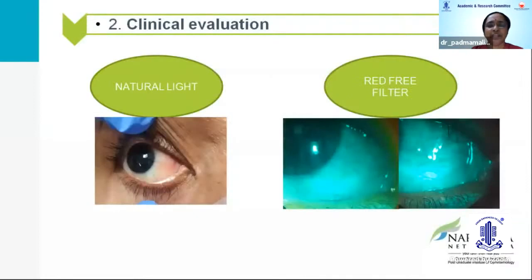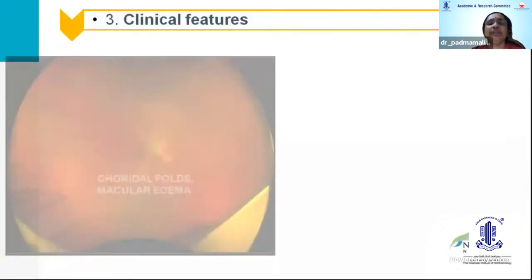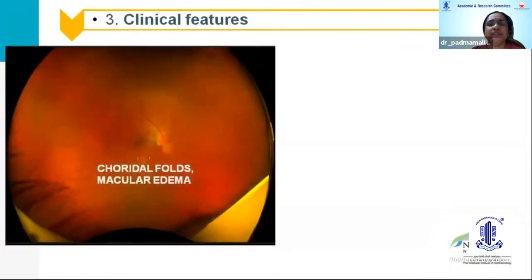Coming to the clinical evaluation, whenever we see a patient with scleritis, we need to see them in natural light, lifting the eyelids, so that we can pick out whatever changes are happening in the anterior sclera as well. In the slit lamp, we have to do a red-free filter examination to delineate the blood vessels. Coming to the clinical features, sometimes the fundus may look normal.